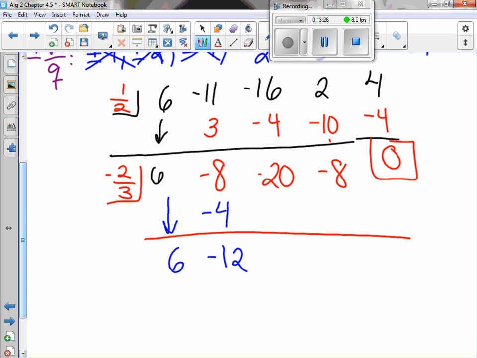Well, negative and negative would give us a positive 24 over, which would be 8. Well, negative 20 plus 8 is 12.